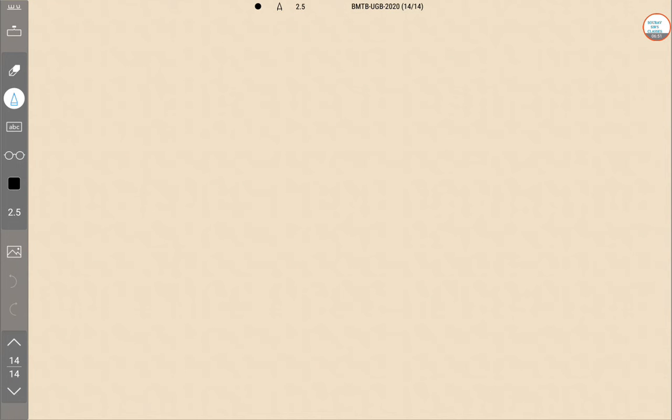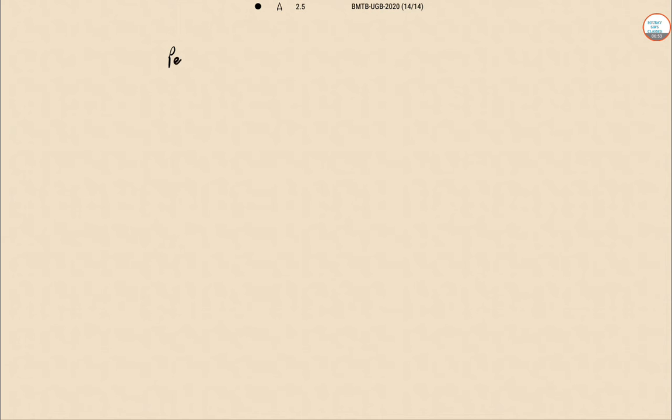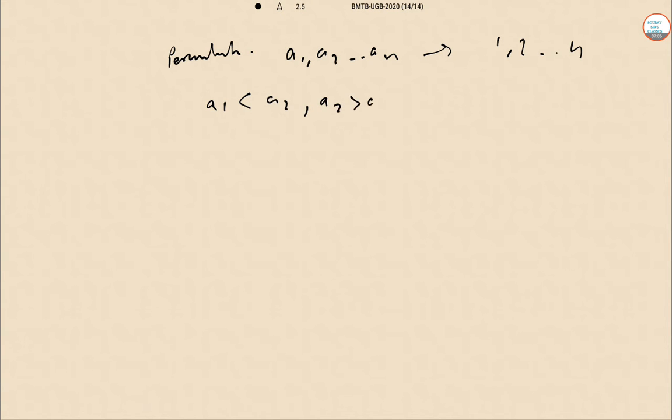So here a permutation is useful. A permutation a1, a2, dot dot dot an of the set 1, 2, dot dot dot n. This is alternating, a1 less than a2, a2 greater than a3, and so on. Another permutation of a1 is another alternation.